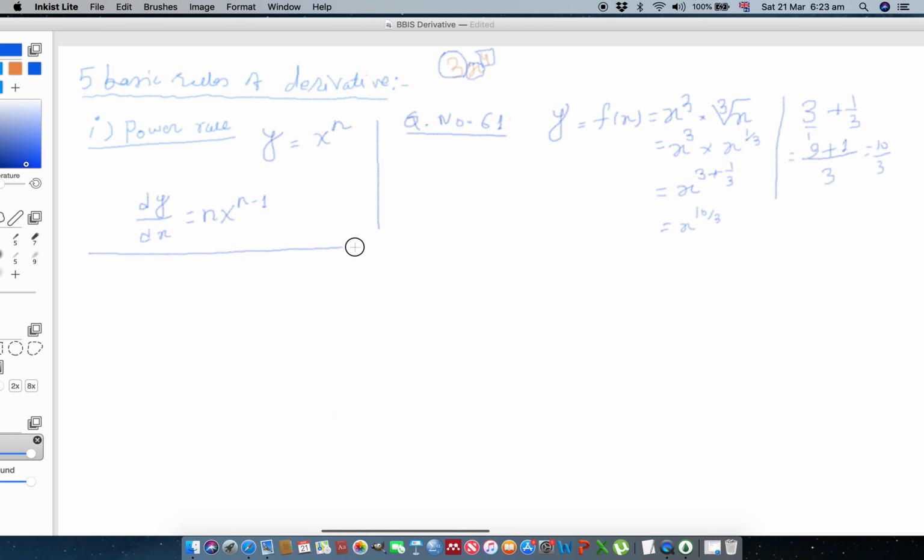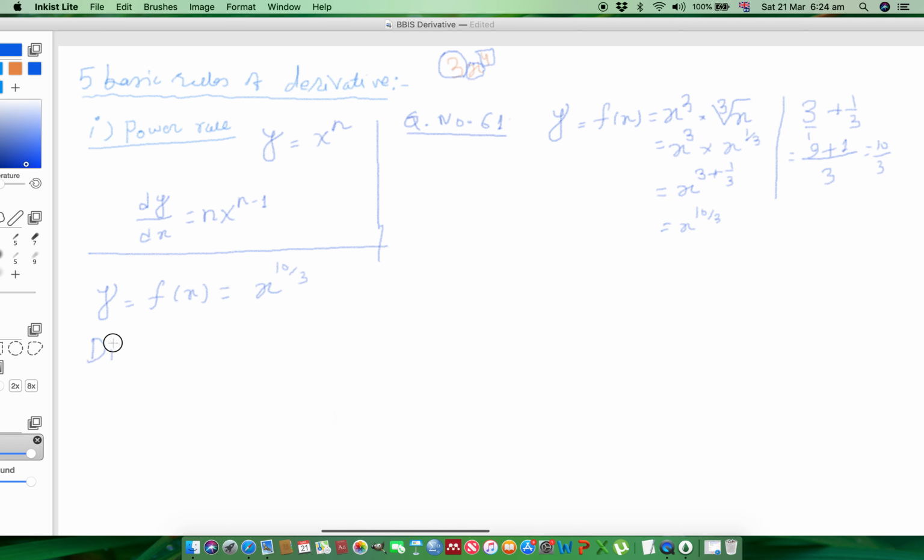Now we have the concept of the power rule: dy over dx is equal to n x to the power n minus 1. In the same question number 61, we have y is equal to f(x) is equal to x to the power 10 over 3.